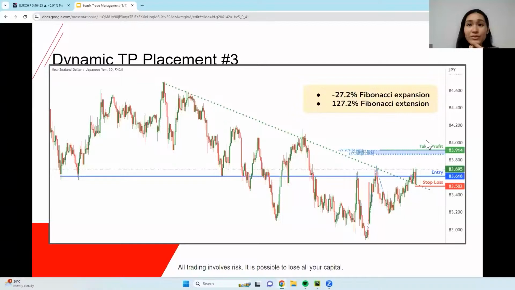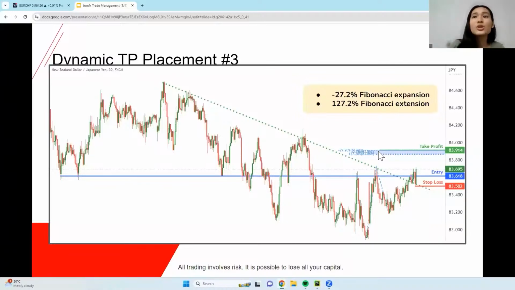And you can see our take profit is in line with a 127.2% Fibonacci extension. I think it's also in line with a 78.6% Fibonacci projection.